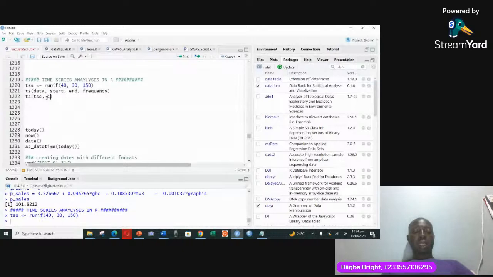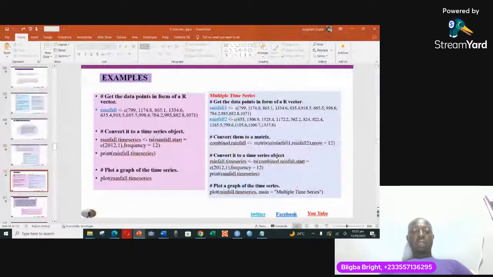So you have to put it in the form of a vector. I say C here, and it must take the year first, so let's say 2023. Let me show you something: we are separating everything by just commas.